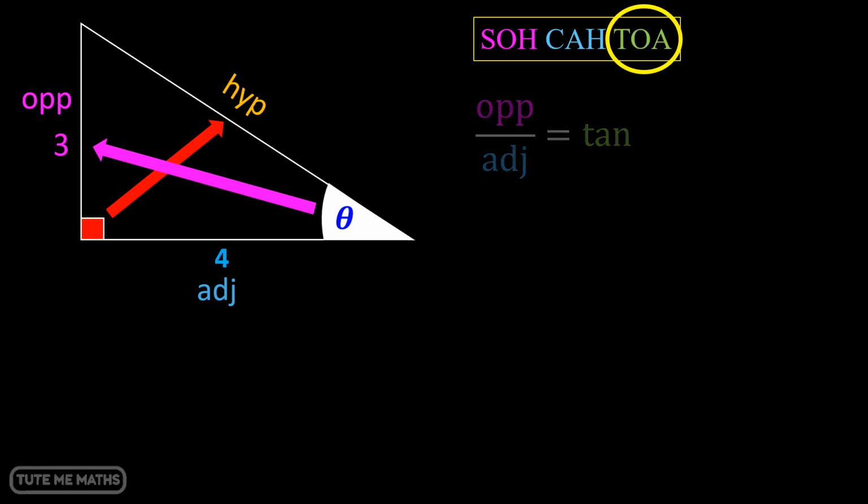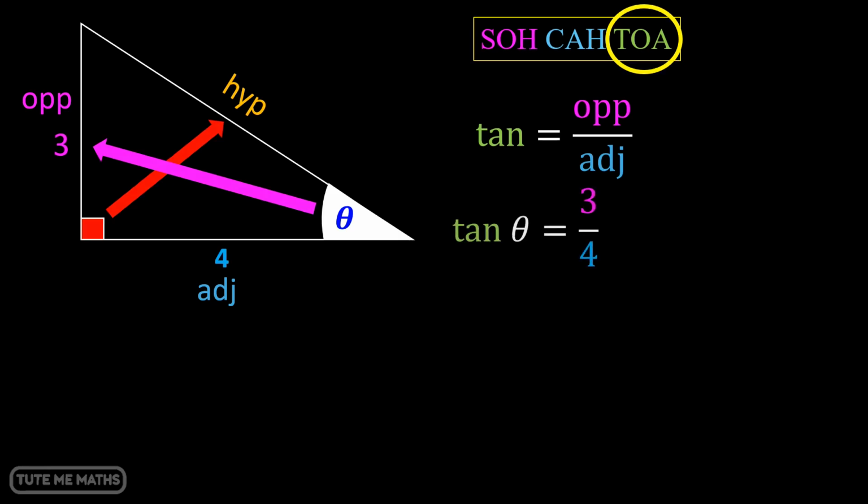Since the angle is the unknown value this time, I might as well leave the expression as it is in the summary. The side opposite to theta is 3 and the adjacent side is 4. So we know that the tan ratio for angle theta must equal 3/4 or 0.75 as a decimal.